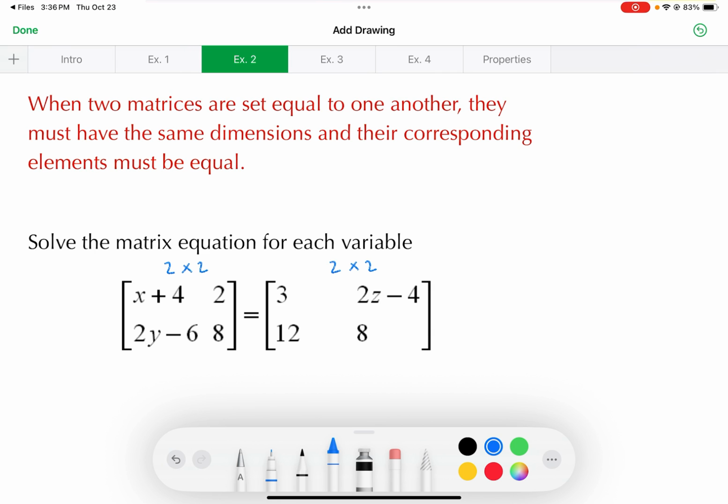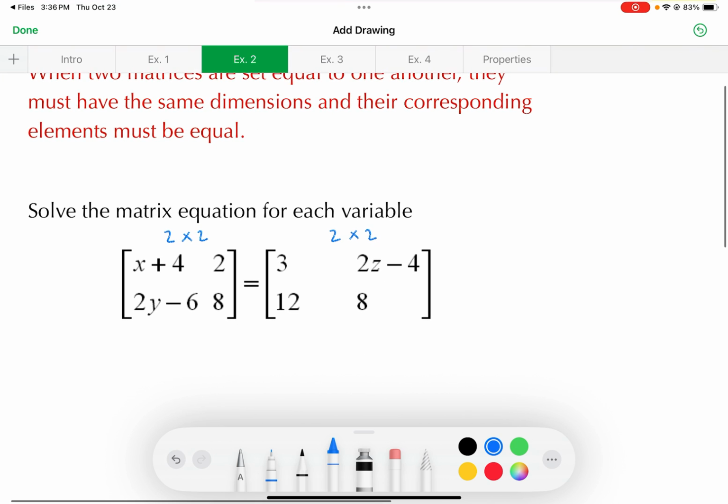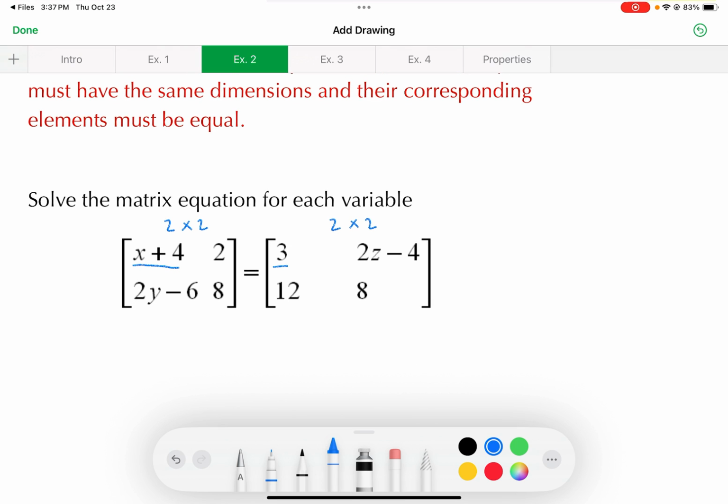And when 2 matrices are equal, that means their corresponding elements are equal. So that would mean x plus 4 in the first row, first column is equal to element 3, which is in the first row, first column of the second matrix. Therefore, x plus 4 is equal to 3, x is equal to -1.